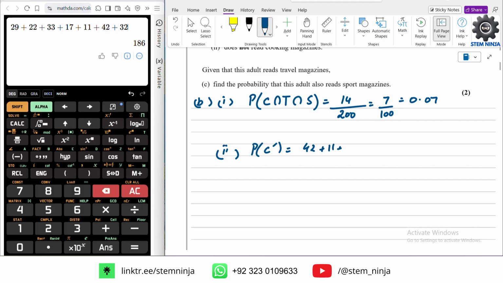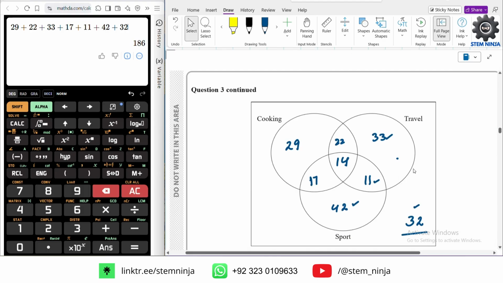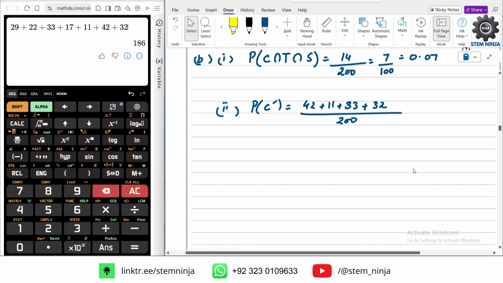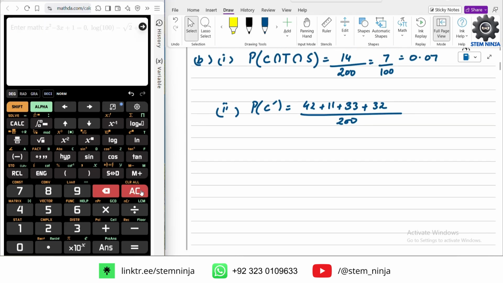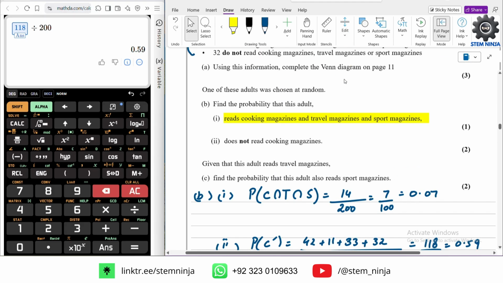Just to make sure that's what we have: it's 42 plus 11 plus 33 plus 32, which is 118, divided by 200. This would be 0.59.